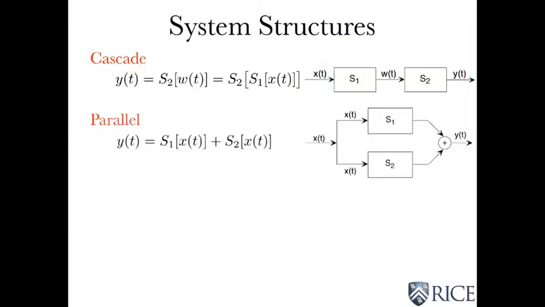Another way you can hook systems together to do interesting things is what's called a parallel connection, and I think it's pretty easy to see why. They're in parallel. You have 2 systems here that run parallel to each other. There are a couple of conventions here we need to talk about. I want you to notice here that I have x coming in and it gets split.